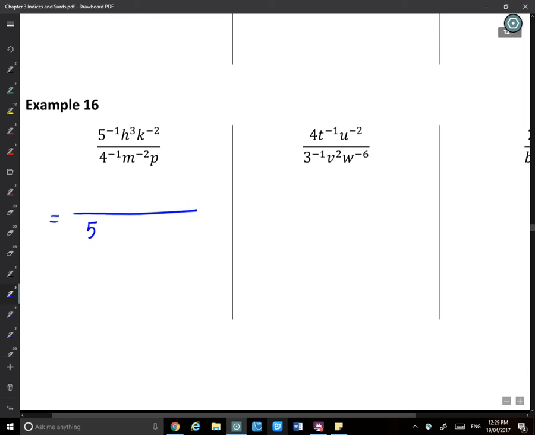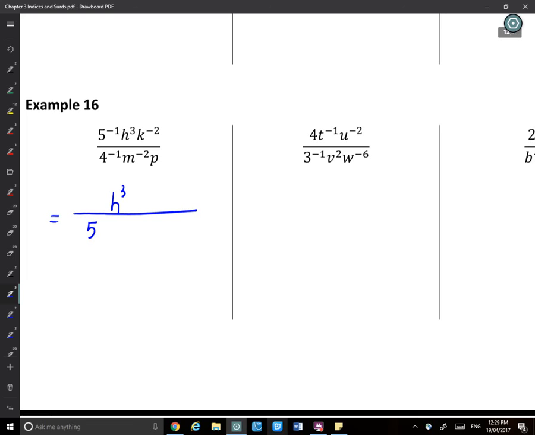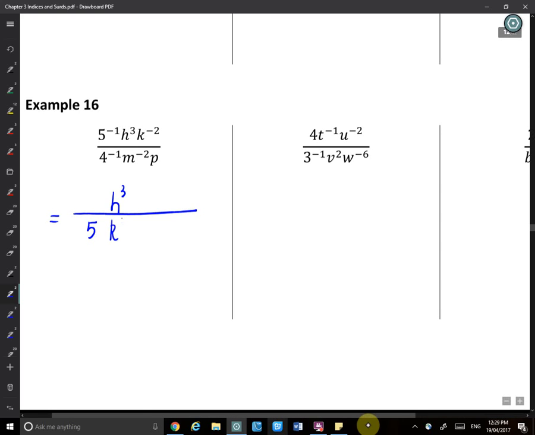And then we have h to the power of 3. It is already positive, stay where it is. K to the power of negative 2. Is that positive or negative? It's negative. I want it to become positive, it needs to go down. Then that will become k to the power of 2.